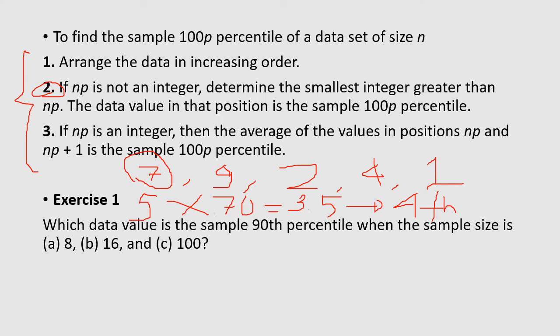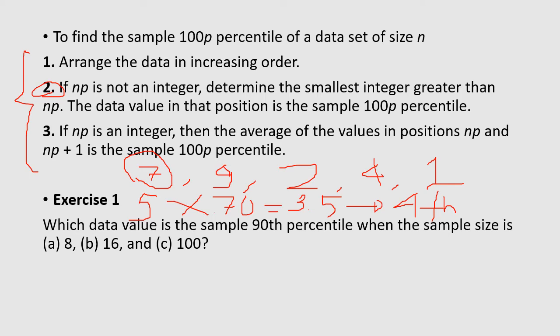Okay, now I hope you are getting a hang of it. I think it's getting more obvious. Now here, let's calculate this together. Which data value is the sample 90th percentile when the sample size is 1) 8, 2) 16, and the third one is 100?